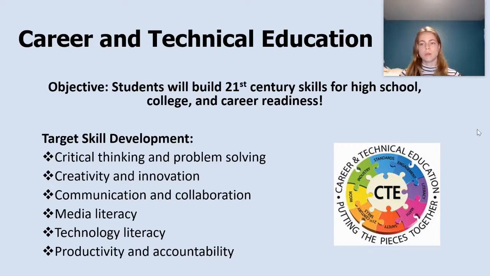So some of the things that we really want to target with these skills are critical thinking and problem solving, creativity and innovation, communication and collaboration, media literacy and tech literacy, and productivity and accountability. So we are learning to code, but along the way, we are focusing on these 21st century skills to really prepare for the years to come.